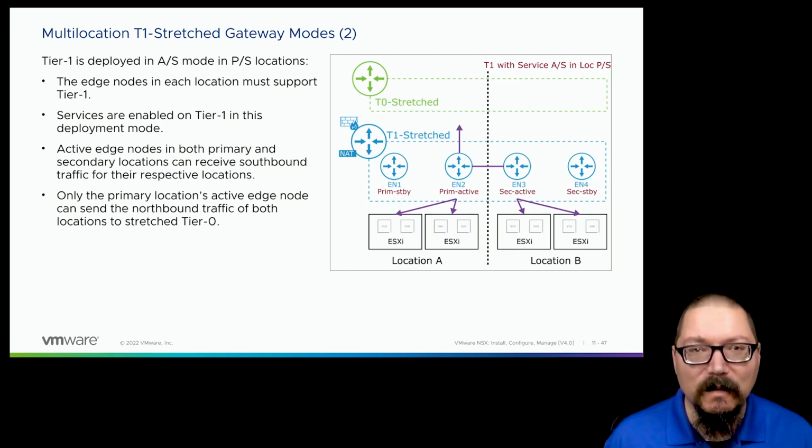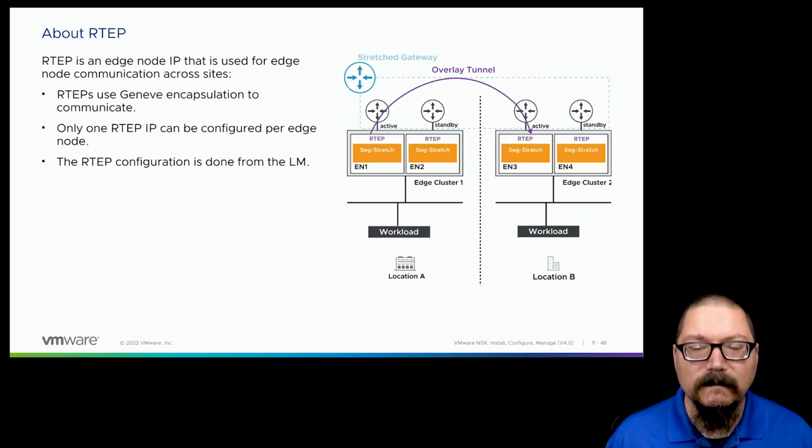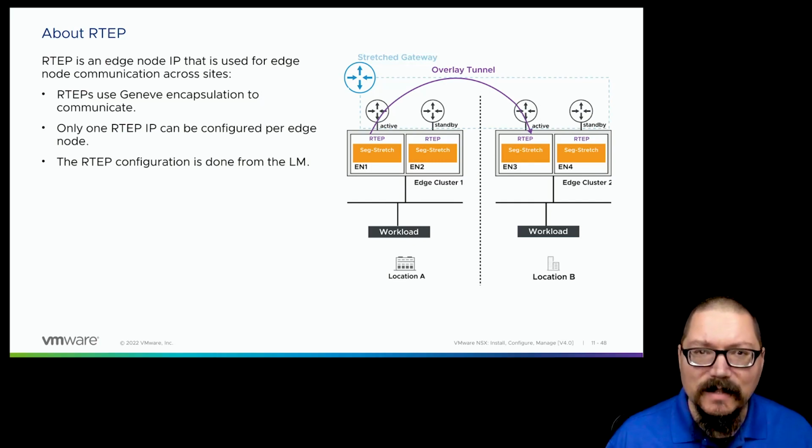The Tier 0 gateway will process the traffic accordingly. So that's a quick overview of how my gateways are going to be stretched.